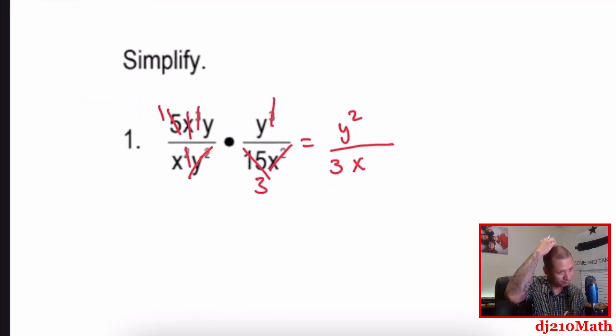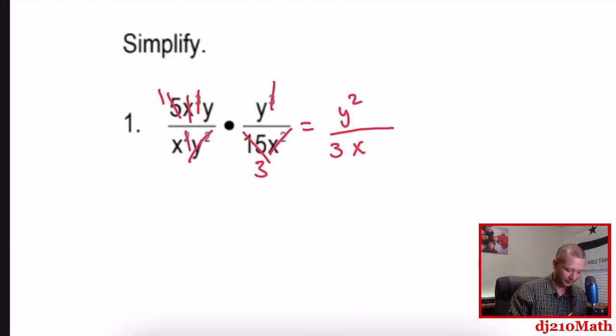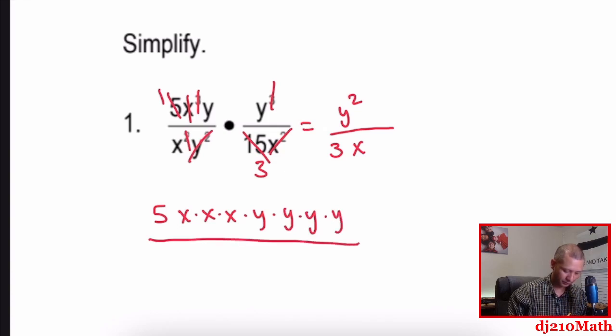If you can't, the idea is that I'm going to rewrite the original problem. So 5x cubed, 3y cubed over x squared, 2x, y squared, 15, and then x squared.